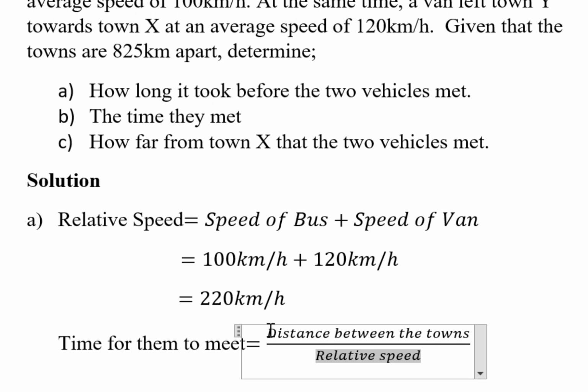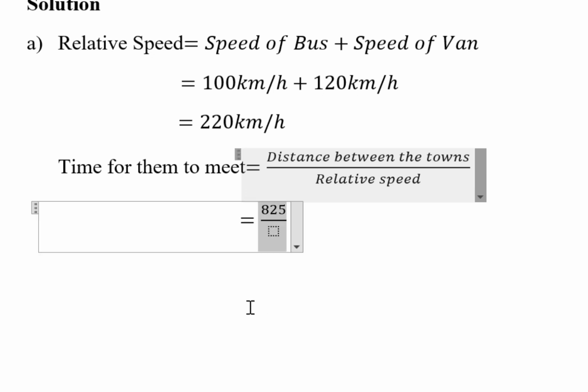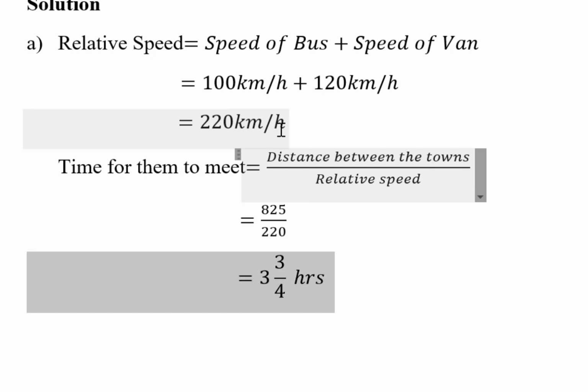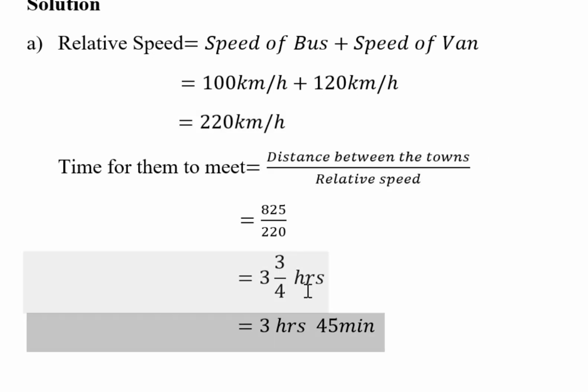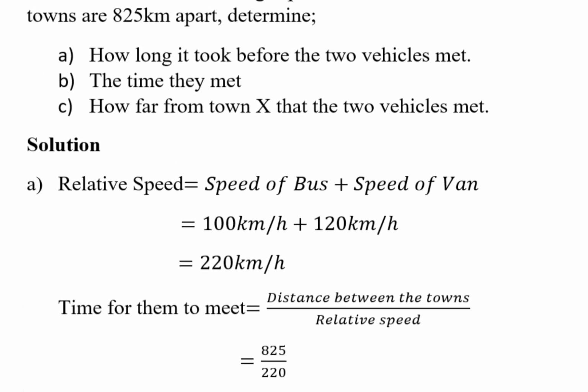The distance between the two towns is 825 divided by the relative speed, which you have just calculated here, which is 220. If you do that, you get 3 3/4 hours. If we decide to change this to hours and minutes, this is 3 hours and 45 minutes. So it took 3 hours and 45 minutes before they meet.